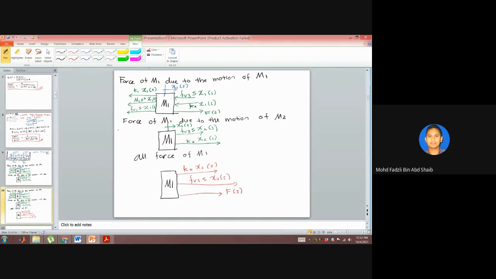So the left hand side, we have K1, right? This one we have K1. This one we have K2. So we need to add it up. K1 and K2.